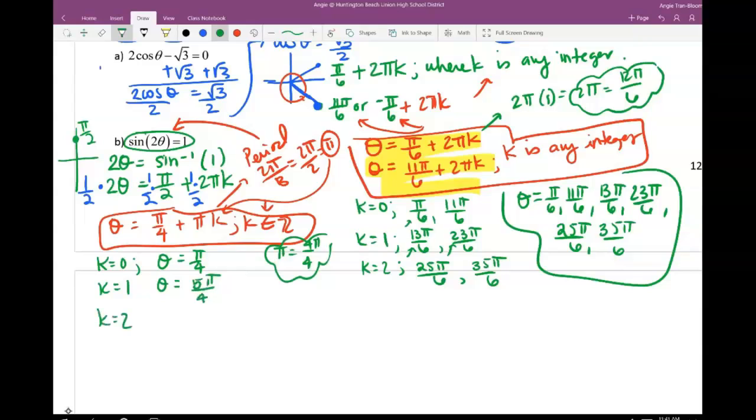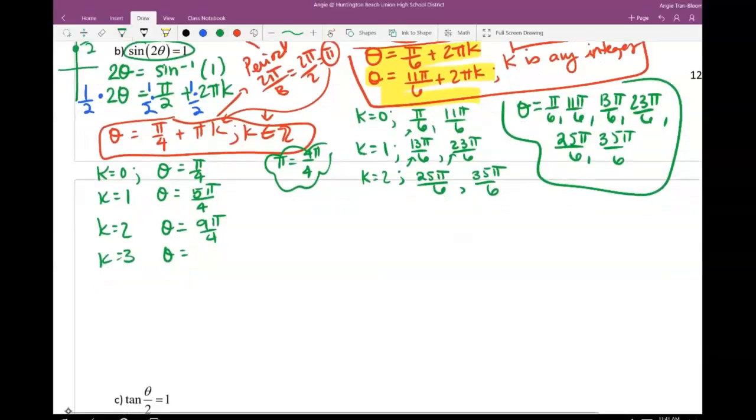When k is 2, I'm going to add 4 pi over 4, 9 pi over 4, okay, that's 3. Keep on going until you get 6. So 4 plus 9 is 13 pi over 4 when k is 3, and when k is 4, I'm going to add 4 to 13, so this is going to be 17 pi over 4.